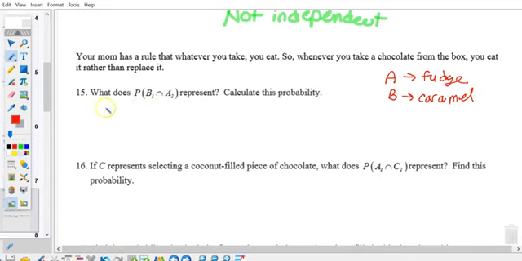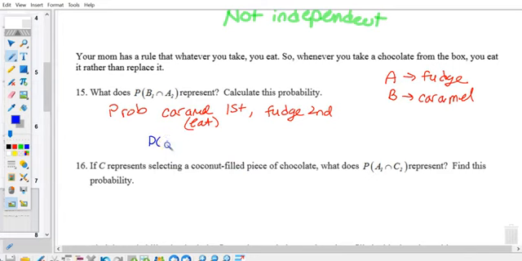So this is saying this is the probability of getting a caramel first and then a fudge second after you eat the caramel. So you eat the caramel or throw it out if you don't like it, I guess. So to calculate this, this is probability of caramel times the probability of a fudge, given that we already ate the caramel.